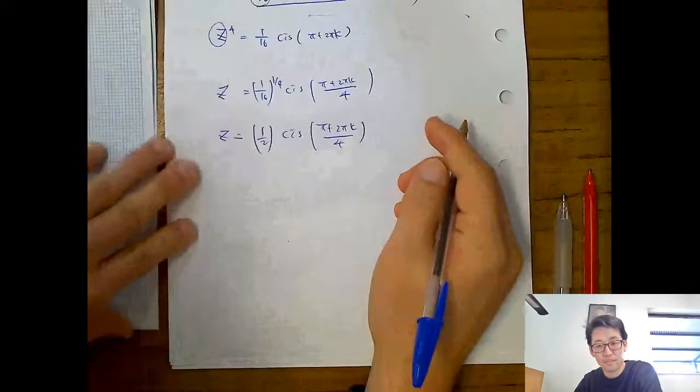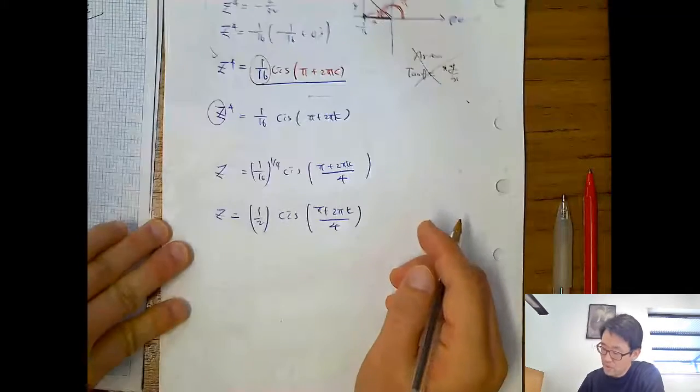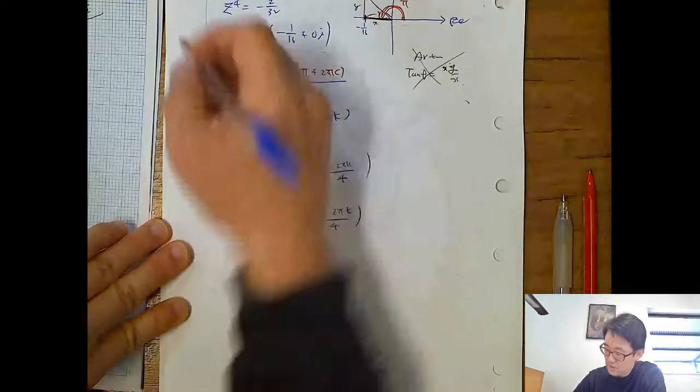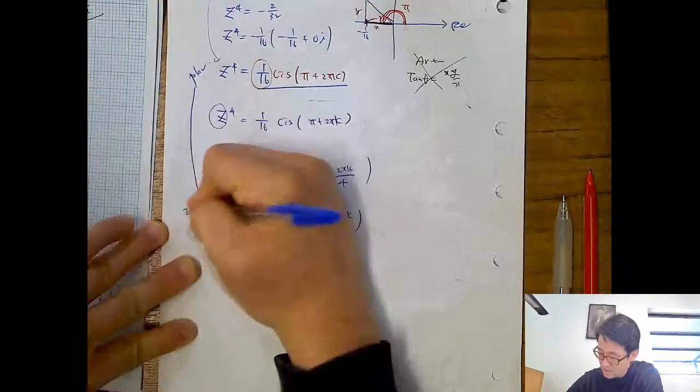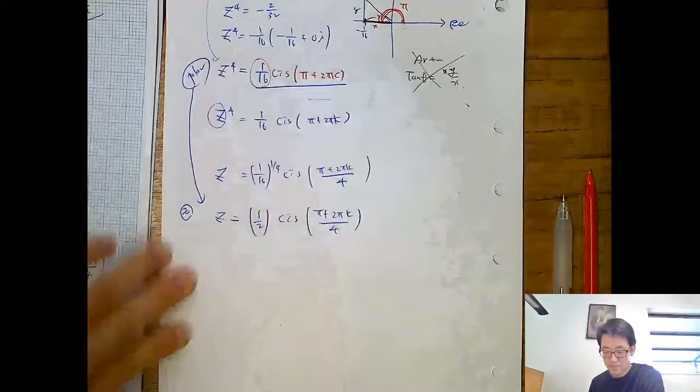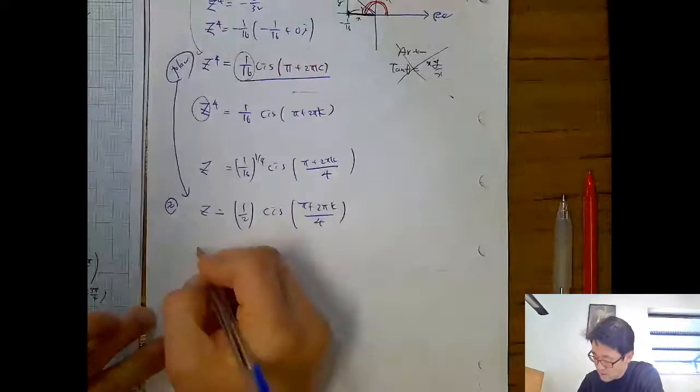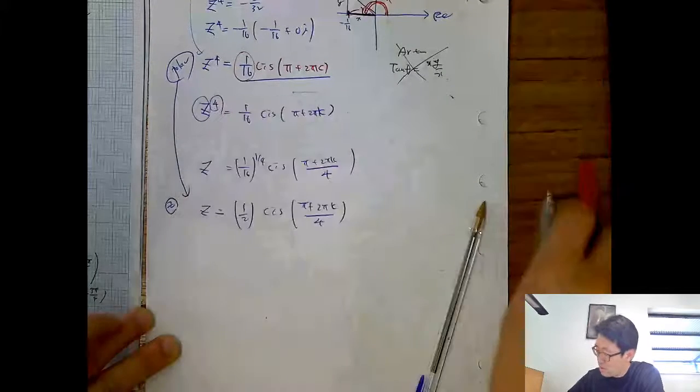Good. So hopefully you're able to get polar and then get z. That's the step.